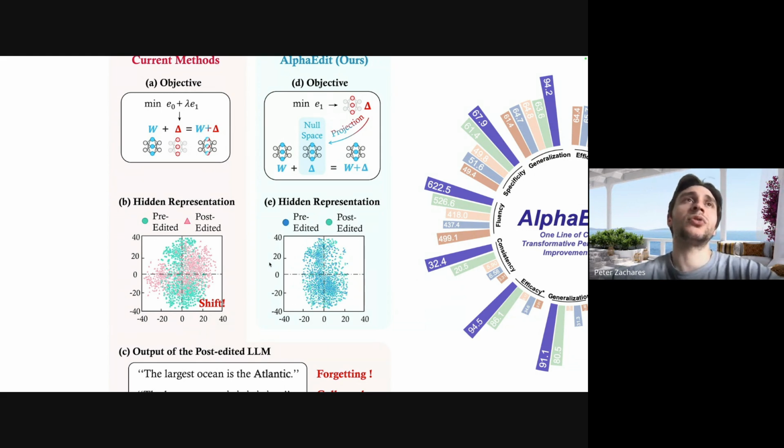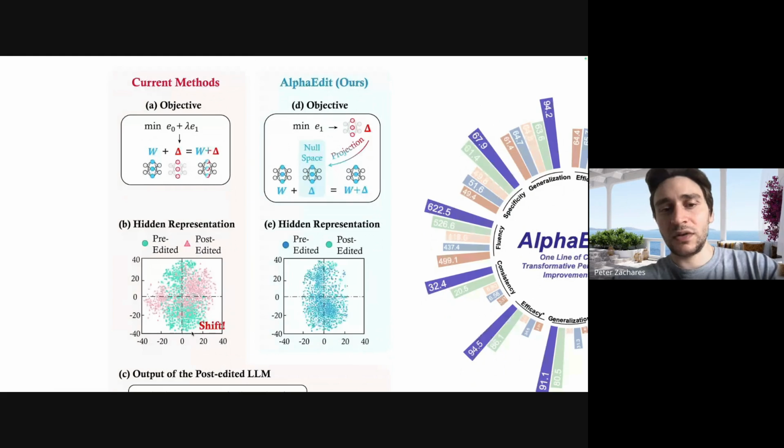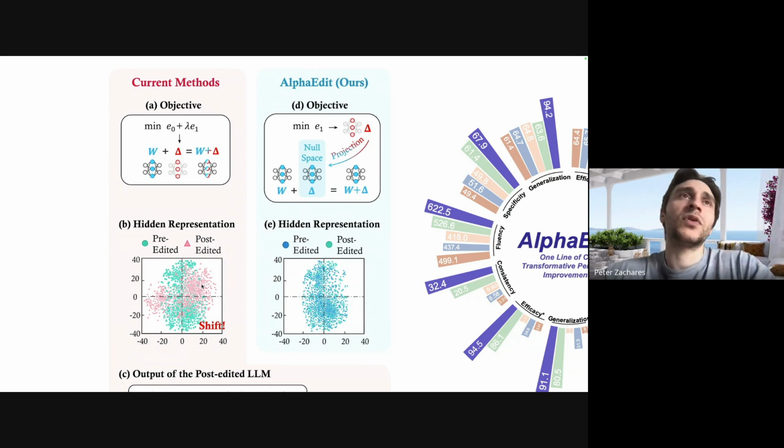What they're showing here is a projection into 2D so that they can visualize it, because these representations are thousands of dimensions, not two. They show some method that does model editing versus AlphaEdit, and you can see after editing there's, you could argue, a clear shift in the distribution, where the pink looks a lot different than the green.